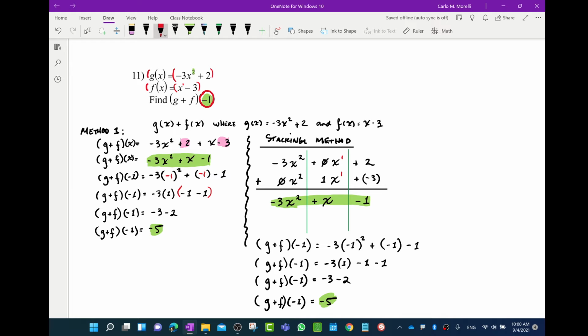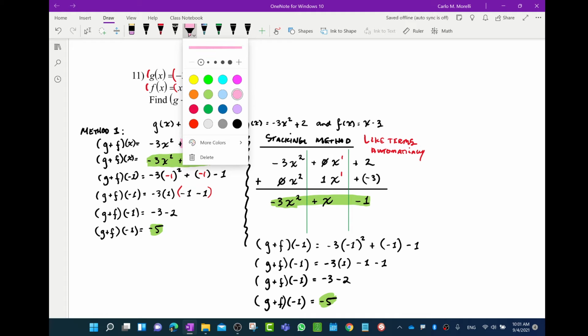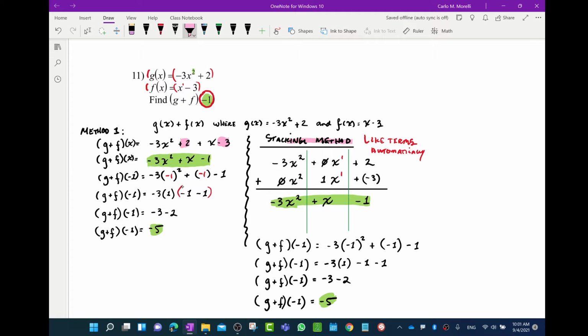You could even be given 5 functions and asked to add all of them together, and if you were to try to write it out in one big line, it would become a complete nightmare of trying to find the like terms. The stacking method's benefit is that it does the like terms part automatically. So personally, I recommend the stacking method.